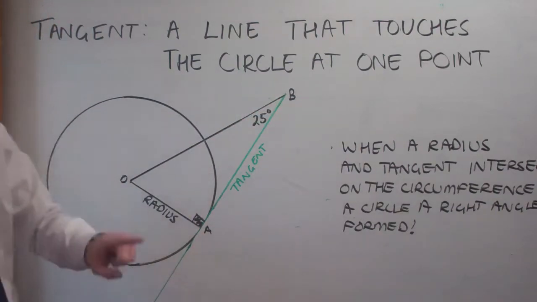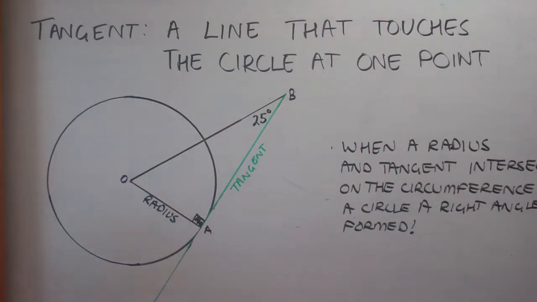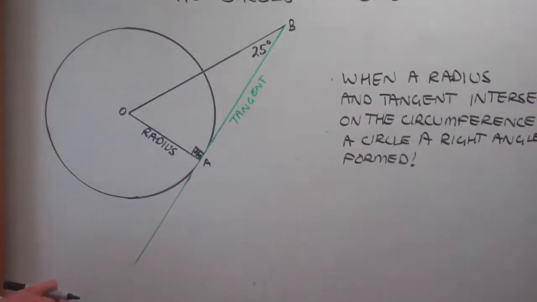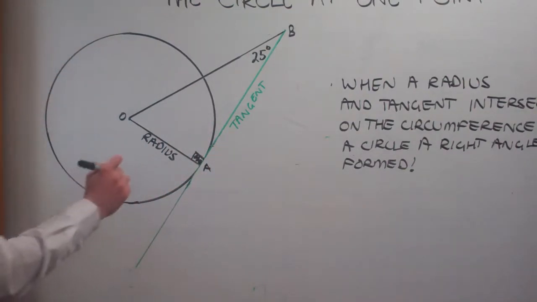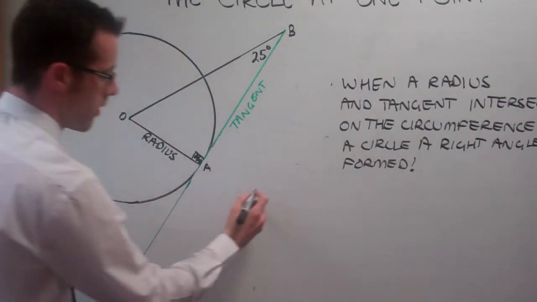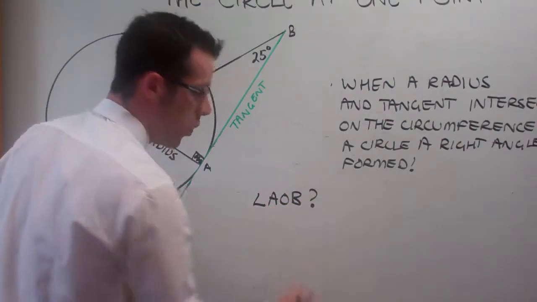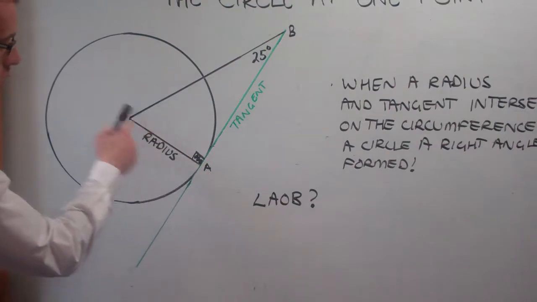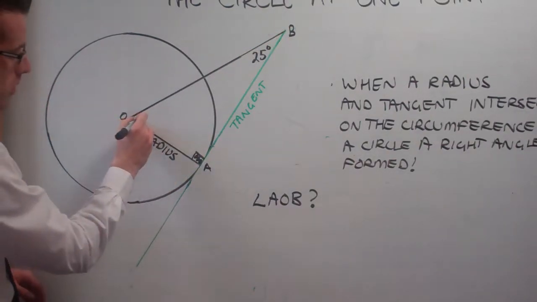We can see here that we've already got 25 degrees in here. So let's say, for example, that the question had asked us to work out the size of angle AOB. Remember you trace it with your finger and that gives you the angle, so it's going to be this angle here.